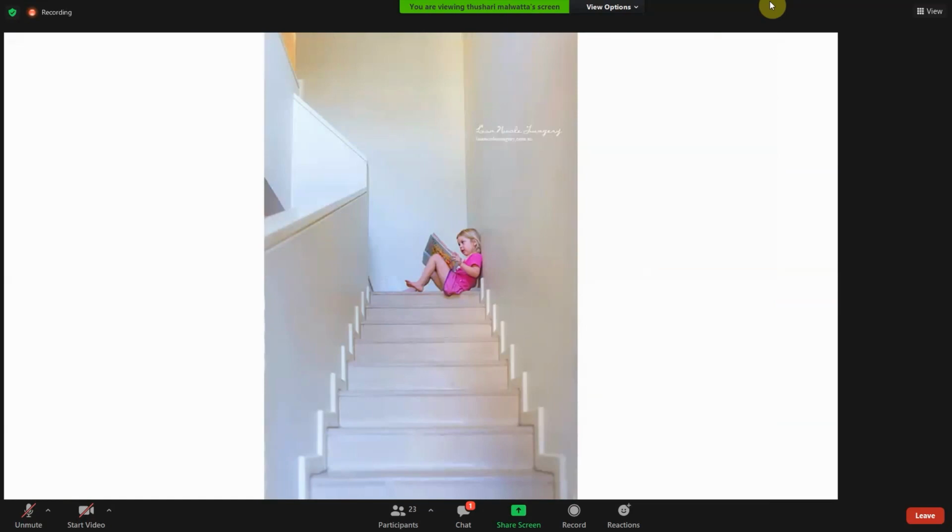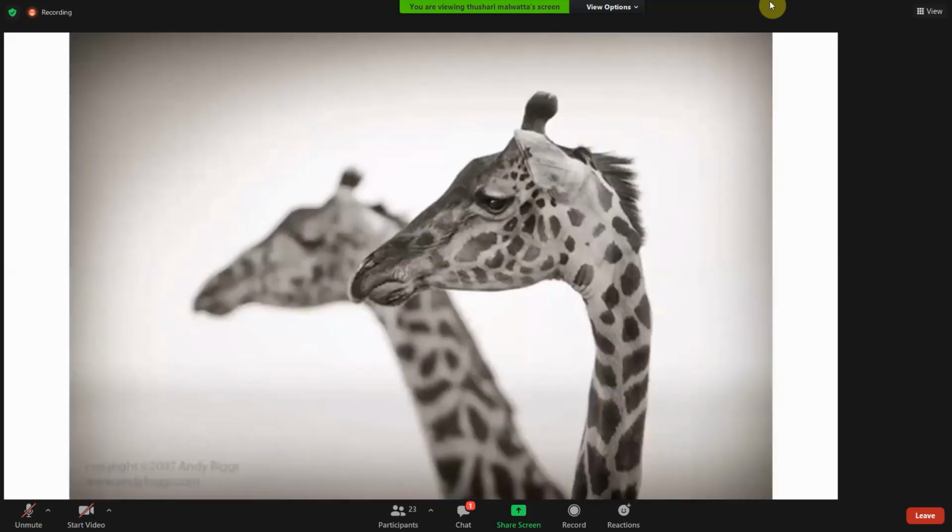And this one, the staircase gives a rhythm, and the space is such that the eye goes from the bottom to the top. And when we see that child with the book, our eye stops there. The repetition creates visual rhythm.